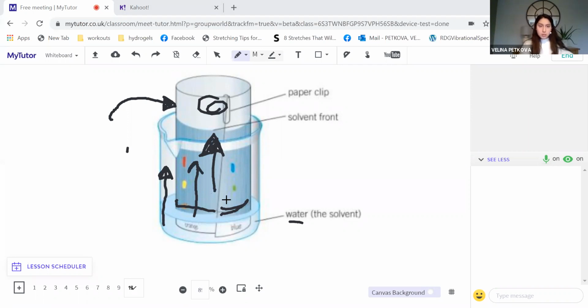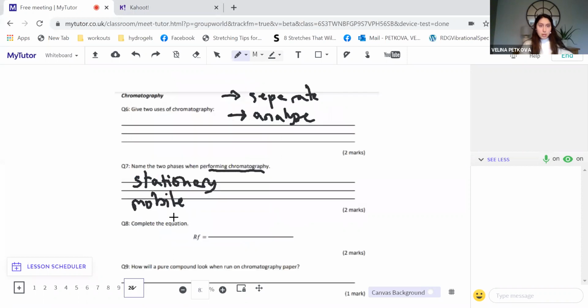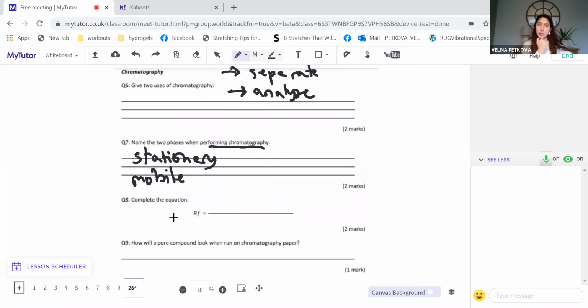So let's look at the next question then. Complete the equation. Who can remember the retention factor equation? If you want to write that down. Yeah, lots of great answers.